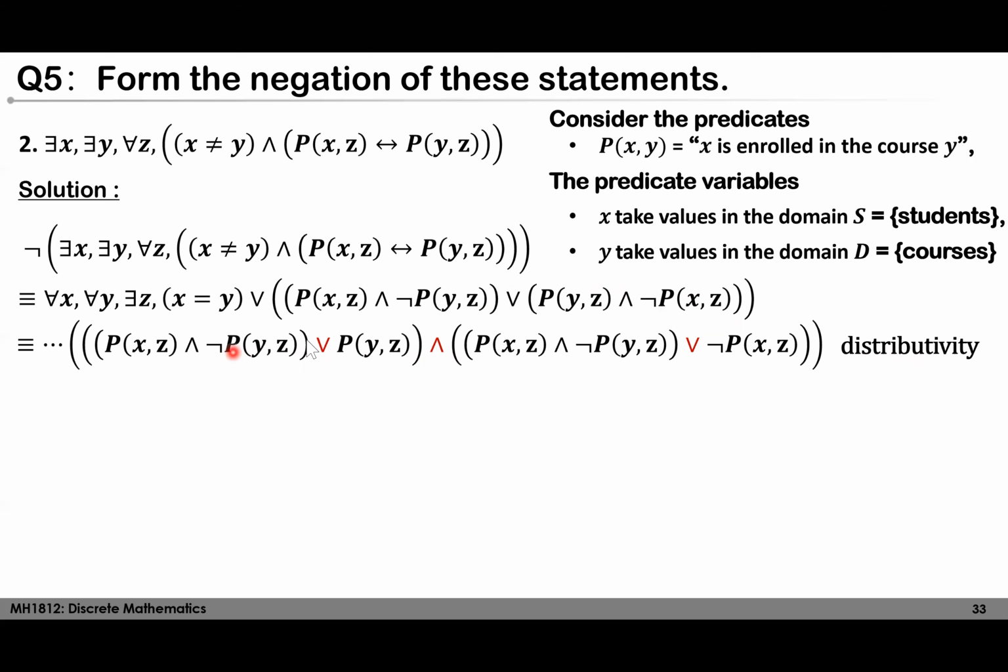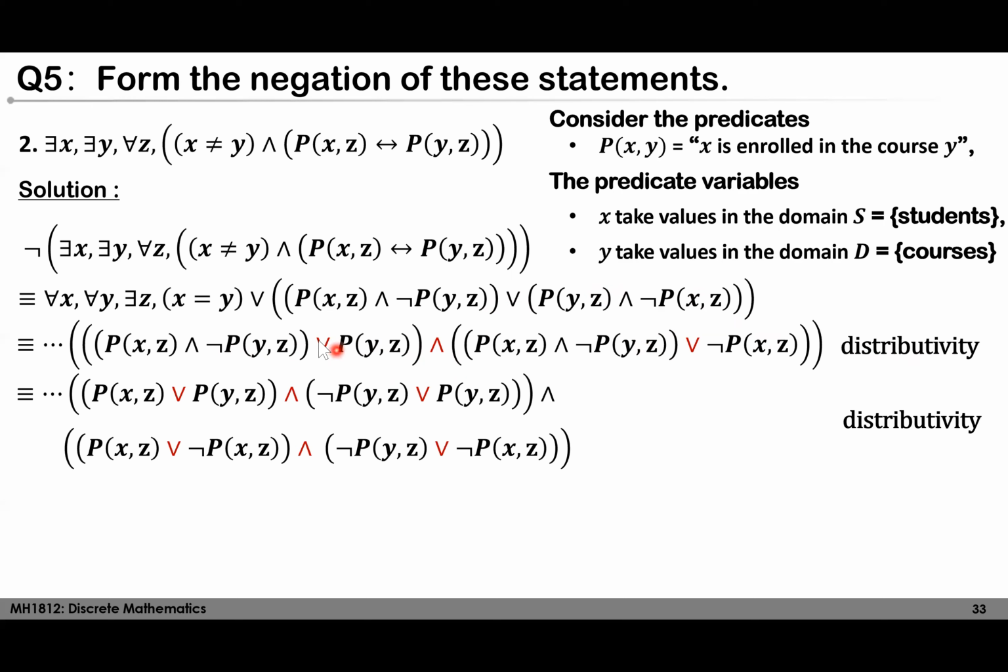And within these two disjunctions, we have conjunction, disjunction. And again, by distributivity, we take this disjunction inside this bracket and get the conjunction of two disjunctions. This is for the first disjunction. This is for the second disjunction.